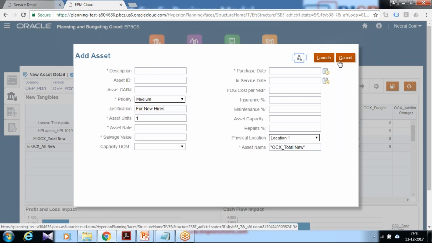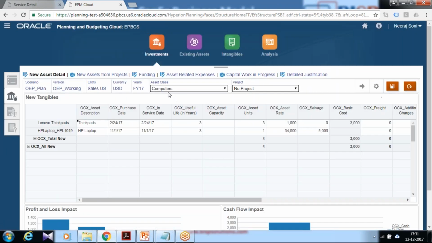I already selected the asset class. All these assets map to a certain project. If you're buying a new office computer for recruitment for your HR department, you associate your asset with the project. So billing would be done against the project.